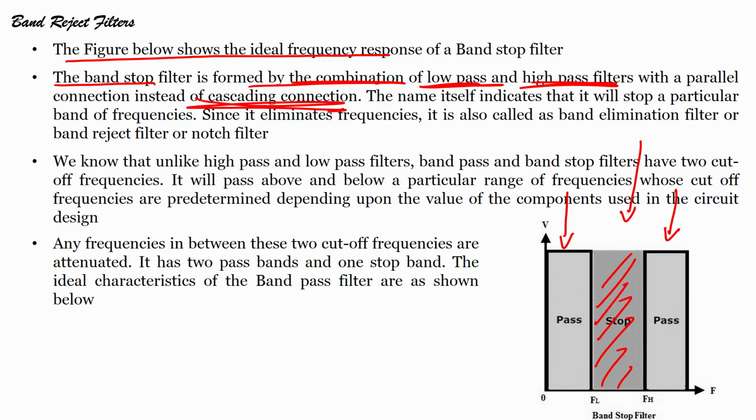The name itself indicates it will stop a particular band of frequency. Since it eliminates frequency, it is also called band elimination filter or band reject filter or notch filter. So, it has a lot of names. What are the names?